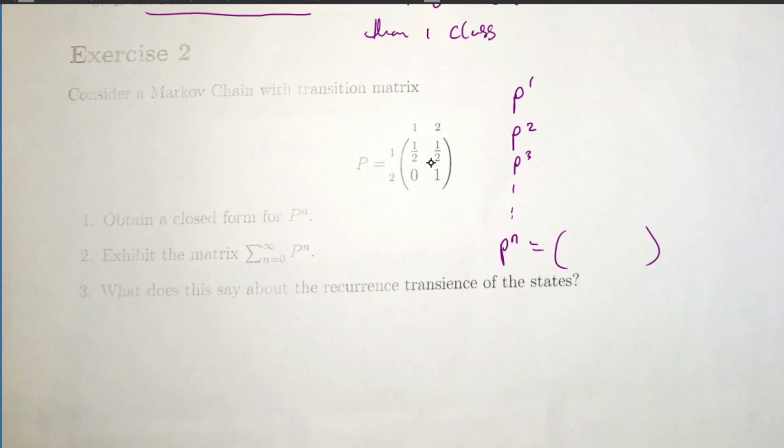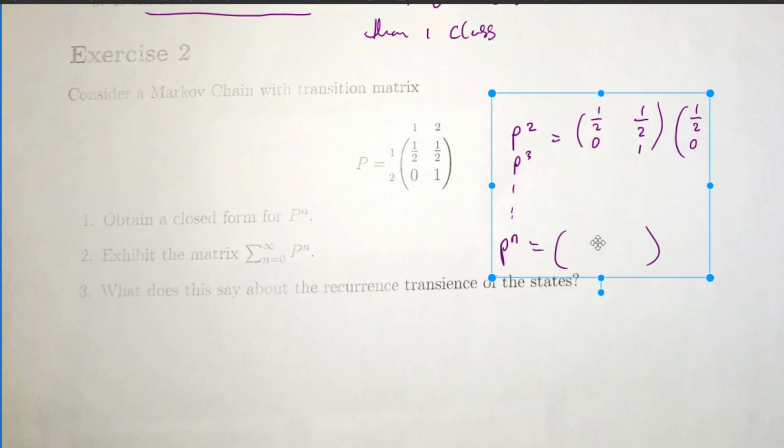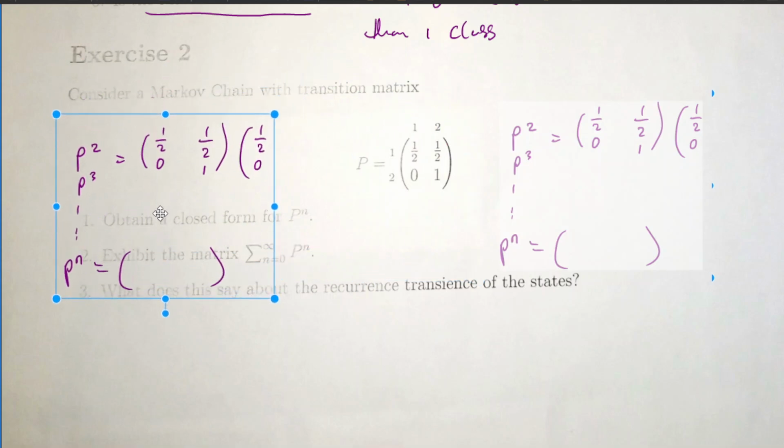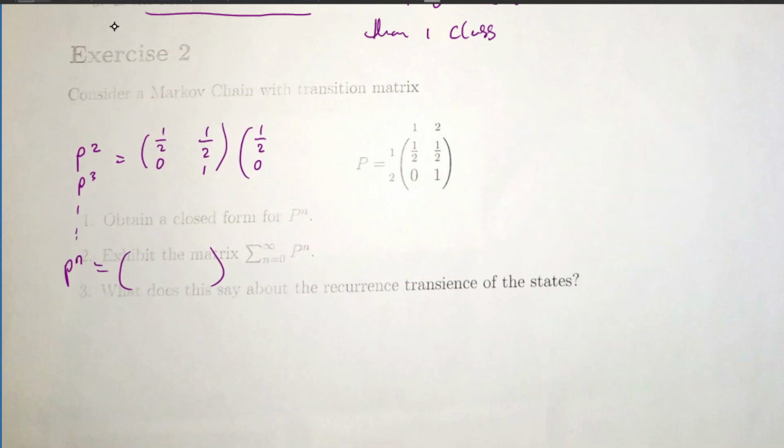So we can start. We know what P to the power 1 is. It's just this. Then P to the power 2 is multiplying the matrix by itself. So we have 1/2, 0, 1/2, 1, multiplied by 1/2, 0, 1/2, 1.